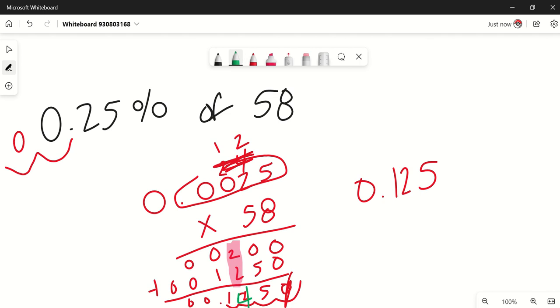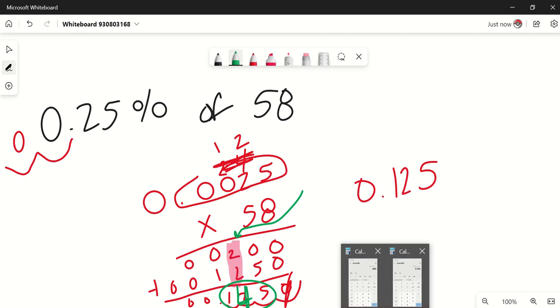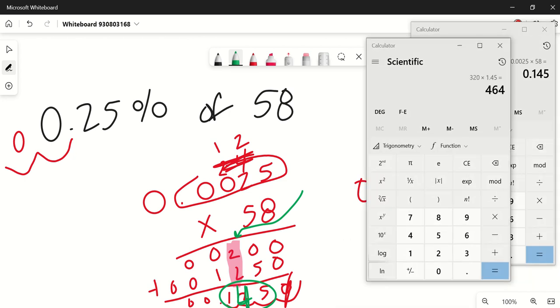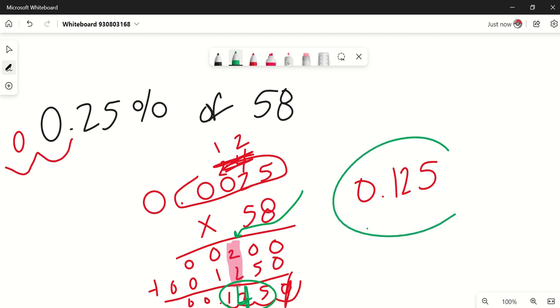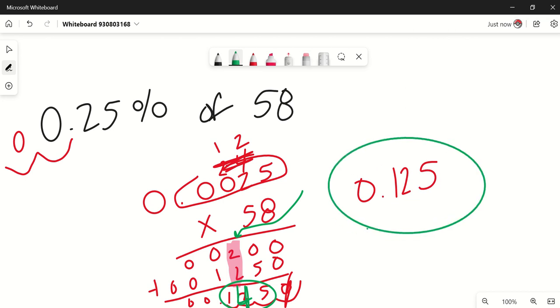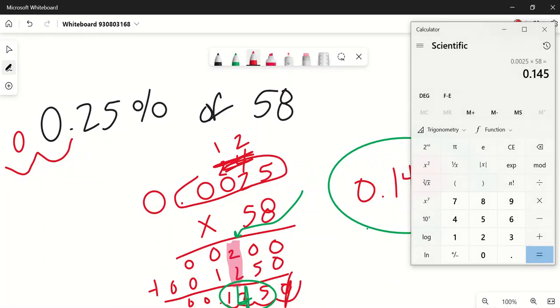It's not 2, it's 4. So 145. See, even teachers make mistakes, which is why we double check our work with our calculator. If I had done this as a test and didn't check my work and just left this as my answer, I would have got it wrong. It is 0.145. So I'm glad I double checked my work.